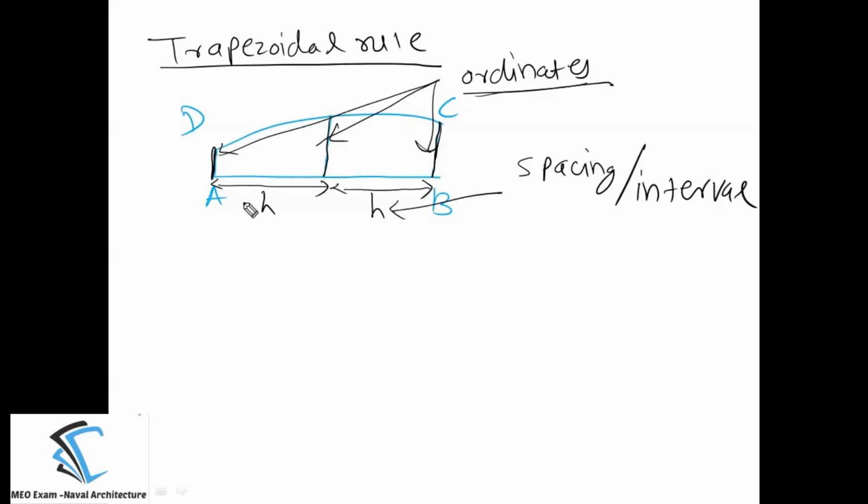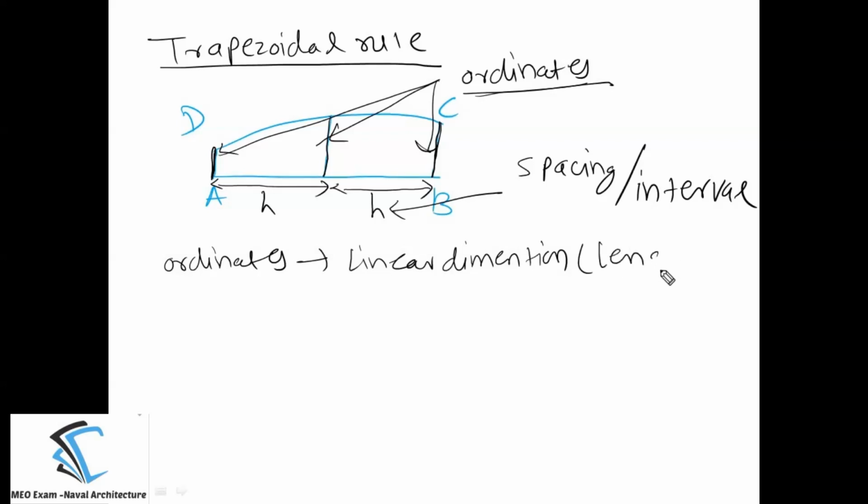And one more thing which I want to tell here, that ordinate is a general word. Ordinates may be a linear dimension, it means it may be a length, or ordinates may be an area, whatever it may be.